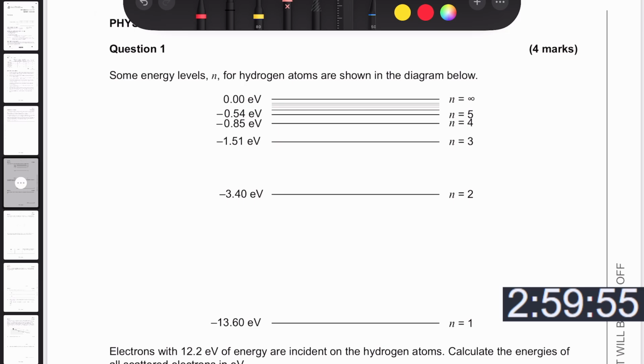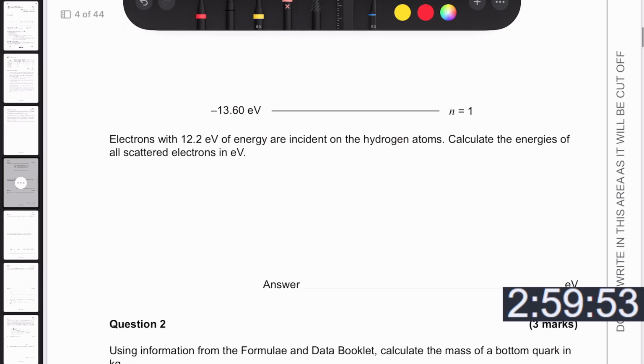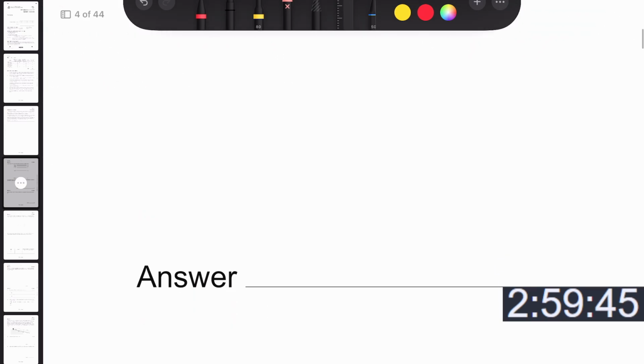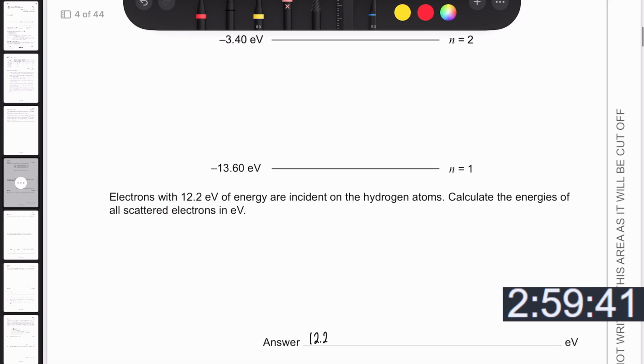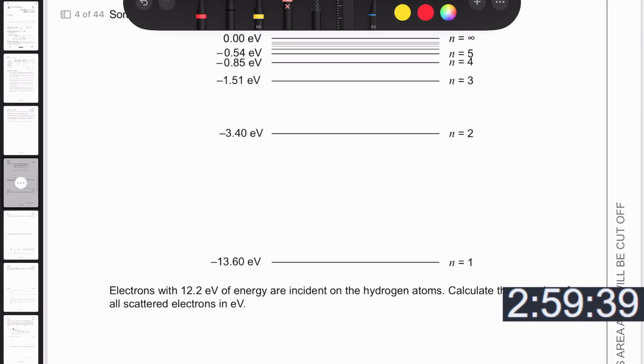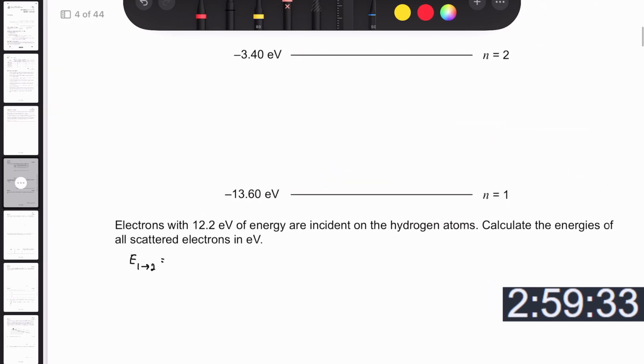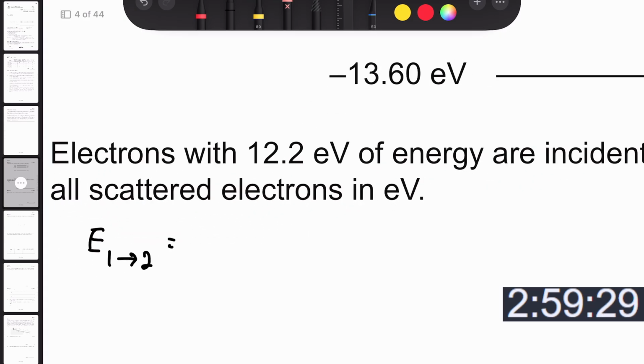Some energy levels N for hydrogen atoms are shown below. Electrons of 12.2 eV are incident on the hydrogen. Calculate the energies of all scattered electrons in electron volts. You can already write 12.2. So then E1 to 2 is equal to 13.6 minus 3.4, 10.2.